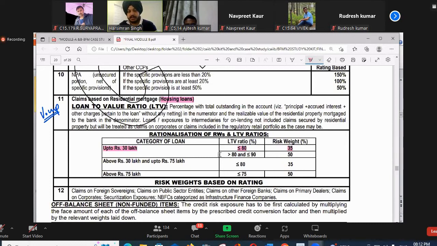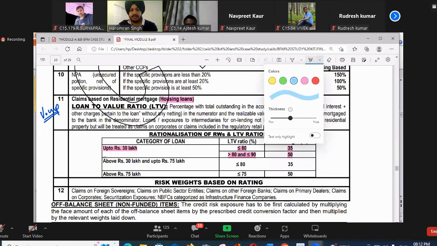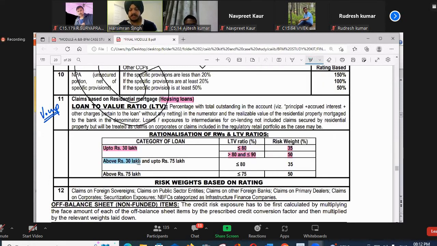And if you have given a loan of more than 80% up to 90%, then 50% risk. If the loan amount is above 30 lakh and up to 75 lakhs, LTV ratio maximum allowed is less than or equal to 80%, risk is 35%.